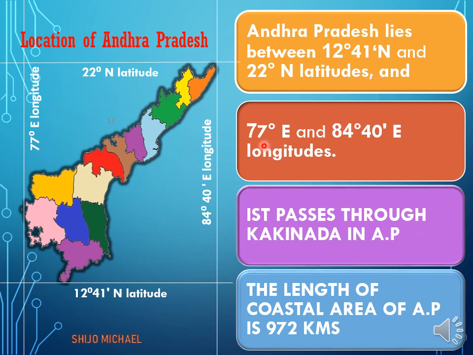And the longitudinal extent is 77 degree east longitude and 84 degree 40 minutes eastern longitude. The IST passes through the city Kakinada in Andhra Pradesh. Being a coastal state, near the Bay of Bengal, its coastal area is 972 kilometers.